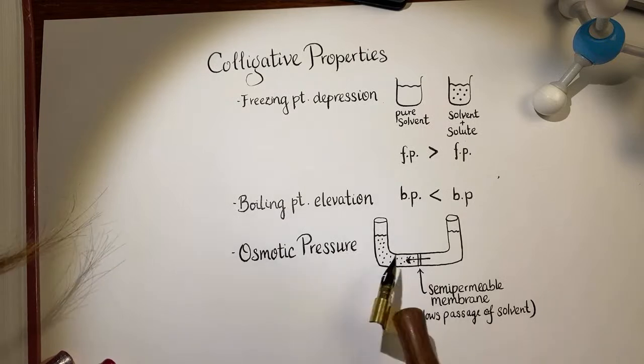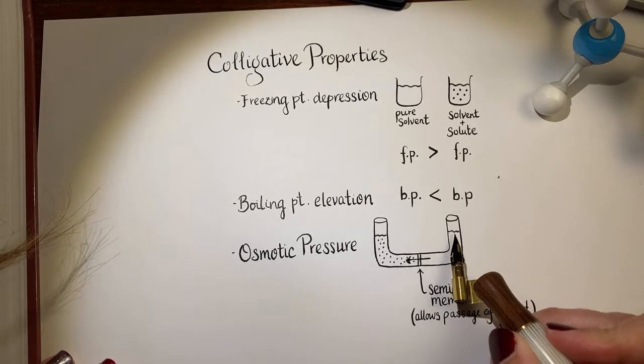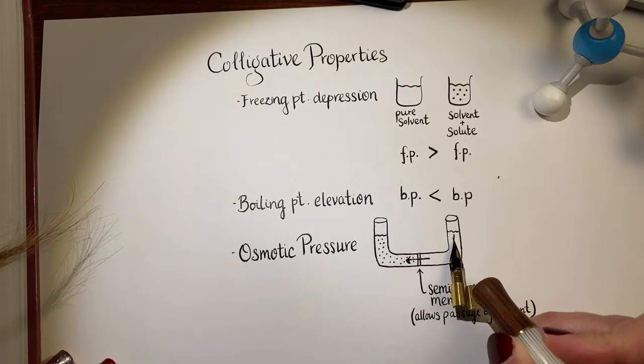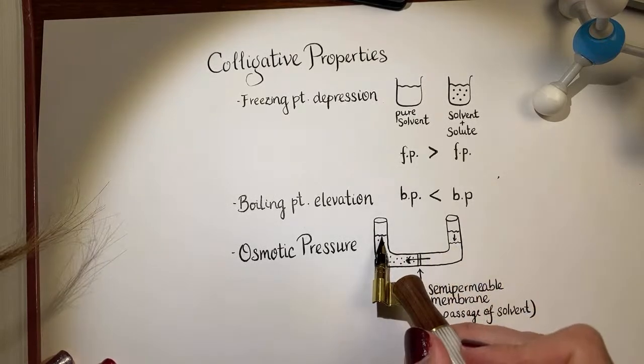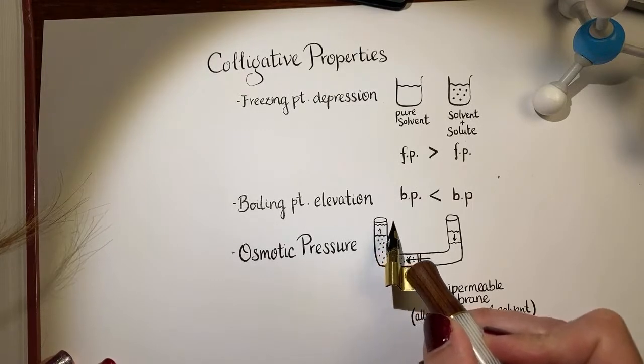And ultimately, because of that, the level on this side will go down. So it will reach some lower level. The level on this side will go up. Equal and opposite.